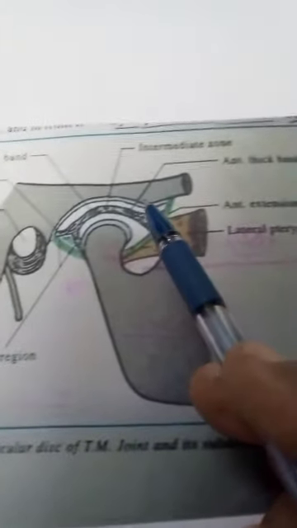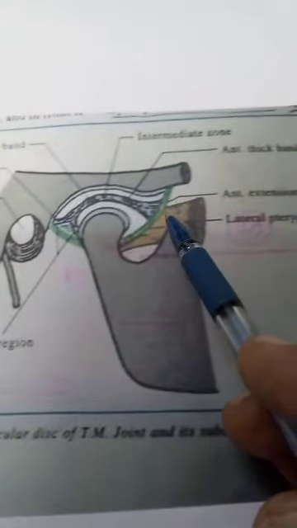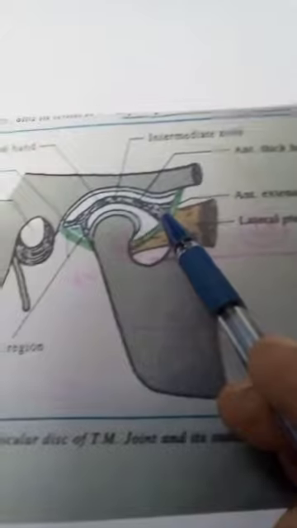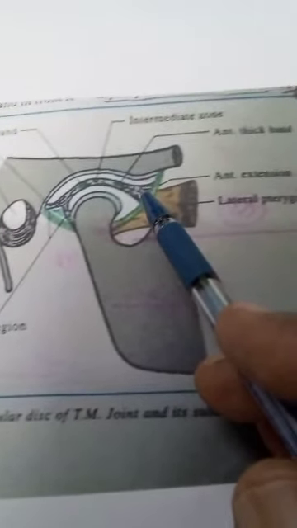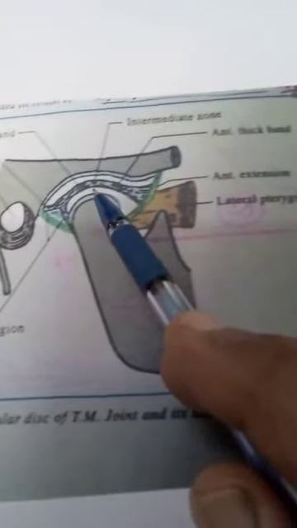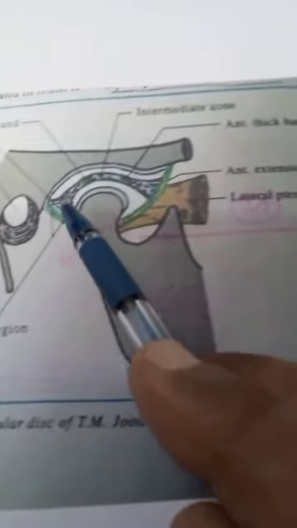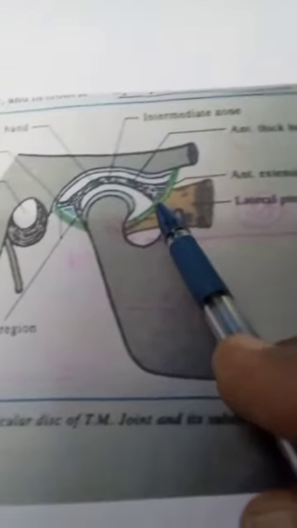Structurally, the articular disc consists of 5 parts from before backwards, namely anterior extension, anterior thick band, intermediate zone, posterior thick band, and the bilamellar region. So, from anterior to posterior articular disc consists of these 5 parts.